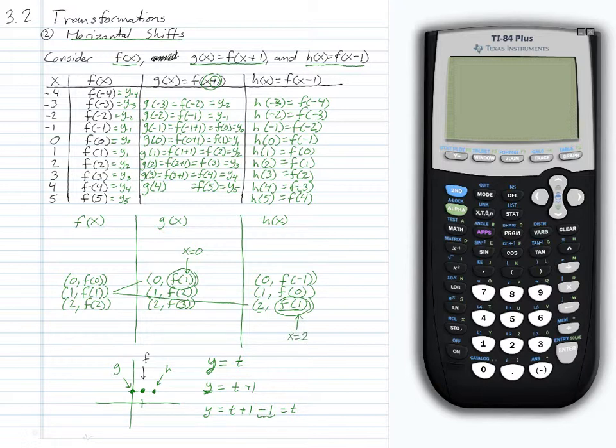So my input needs to be 1 larger than it would normally be with my basic function f of x in order to arrive at the same output. And that is why our horizontal shift moves to the right when we subtract from x inside. So that is the idea behind the horizontal transformation. Let's see that in action.